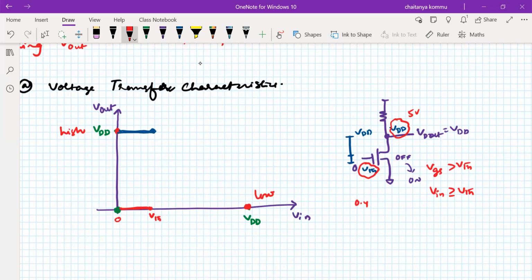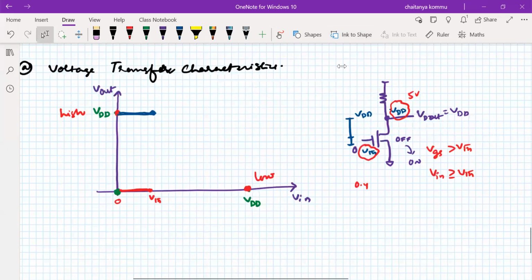Anyone? Please respond. What is the region of operation? What is the operating mode, whether saturation or linear?